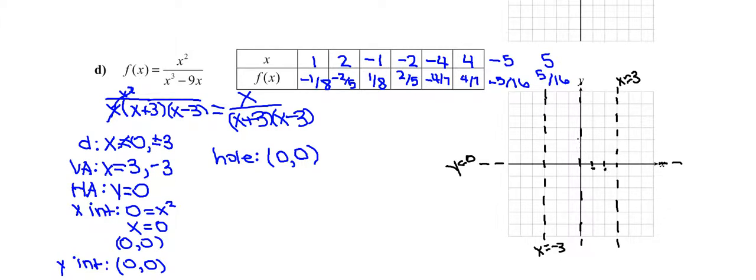And then we know when x is 0, y is also 0, and that's our hole, so we'll draw a circle here. Then when x is -1, y is 1/8. When x is -2, y is 2/5. Okay, so now from this shape, we can just conclude that the shape is a squiggle.